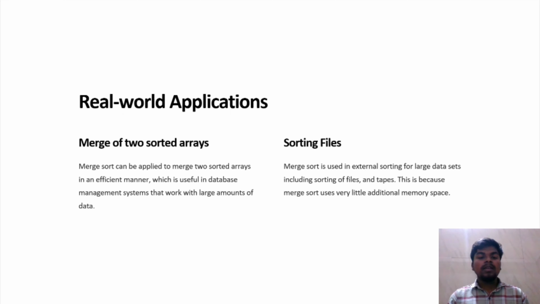This is when we can apply the merging of two sorted arrays in merge sort. In sorting files, the merge sort is used in the external sorting of large data sets, including sorting of files and tapes. This is because merge sort uses very little additional memory. This is how sorting files works in the merge sort.